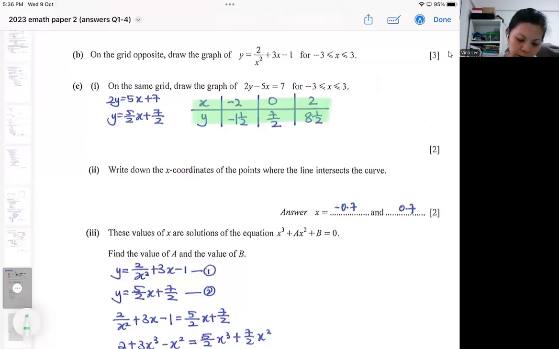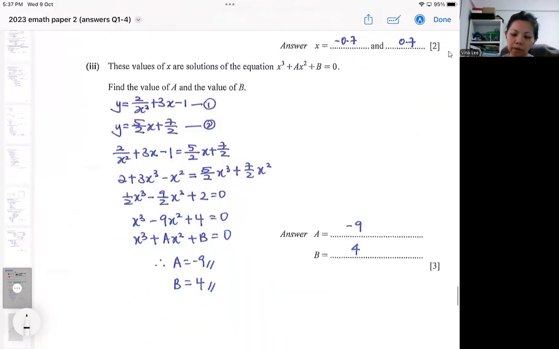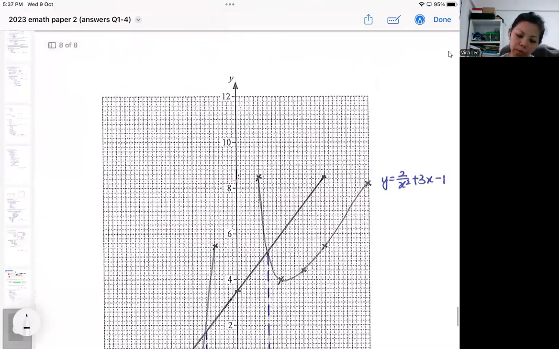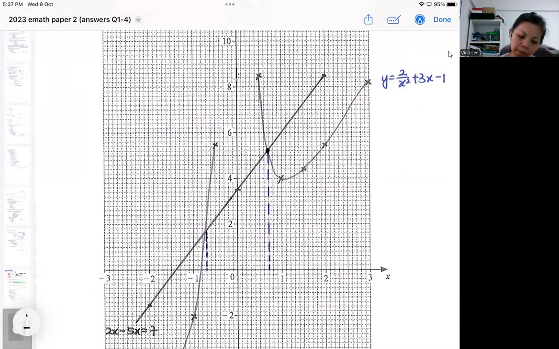It's up to you. You can also choose a table like -3, 0, 3. Just make sure your straight line is long enough to cut across the whole curve. And then getting the intersection is also not very difficult.